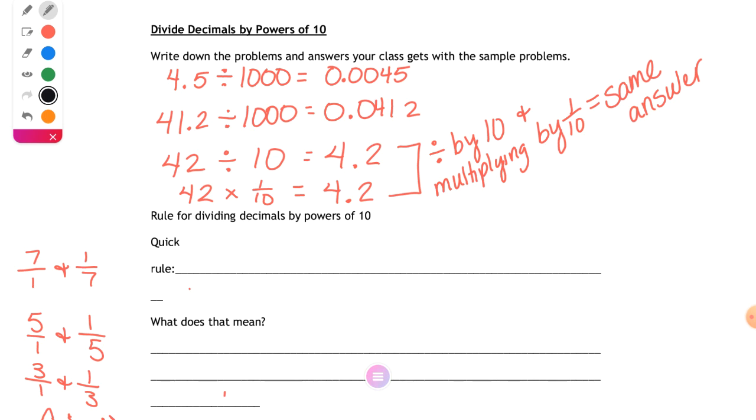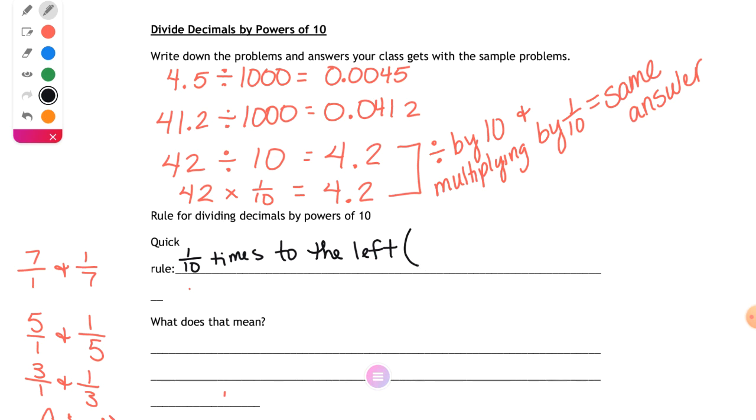So the quick rule to help us remember is 1/10 times to the left. But in order for that one to make sense, we have to know that multiplying by 1/10 is the same thing as dividing by 10, because they will show it to us as a divide by 10, and our chant says 1/10 times to the left.